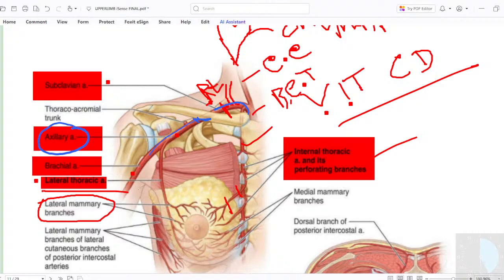Is it minor? I don't know. Okay, we will see. Then it changes the name to brachial artery. Then the brachial artery also will divide into radial and ulnar arteries. We will see. But this is the gross.